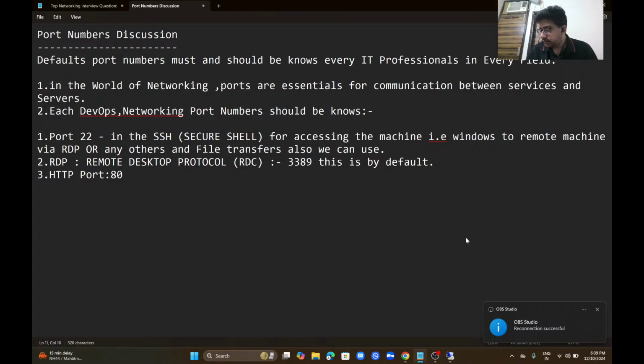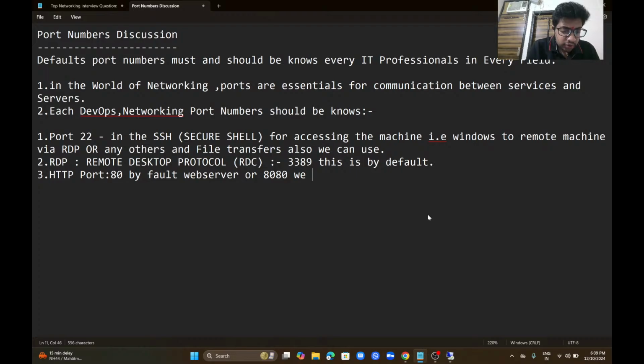Port 80 is the default web server port number. 80 or 8080 port numbers we are using in real-time scenarios, without security.